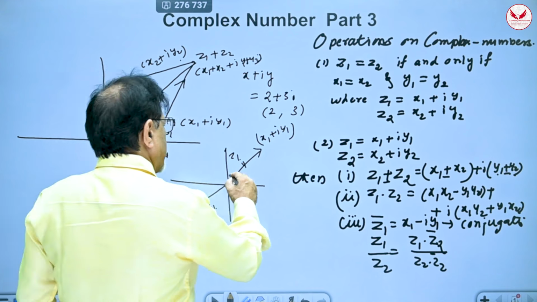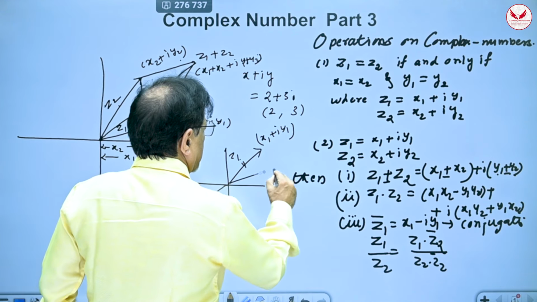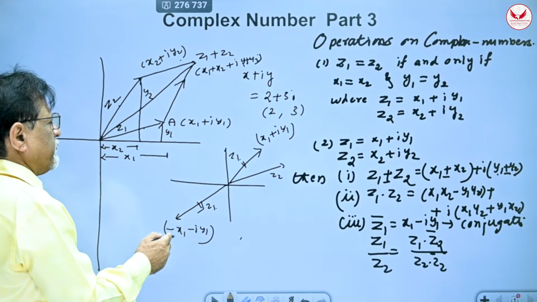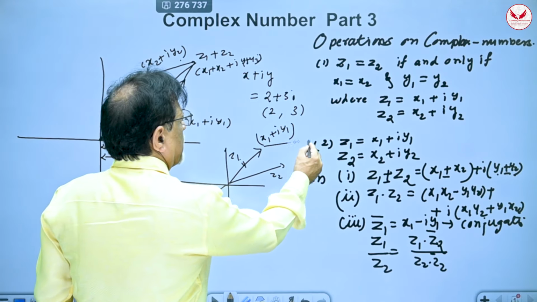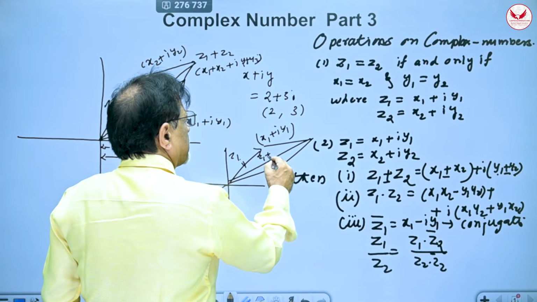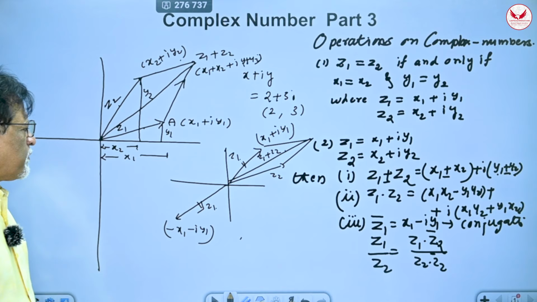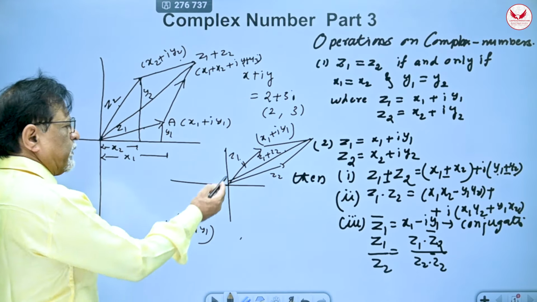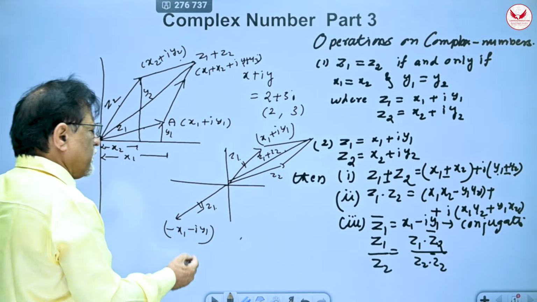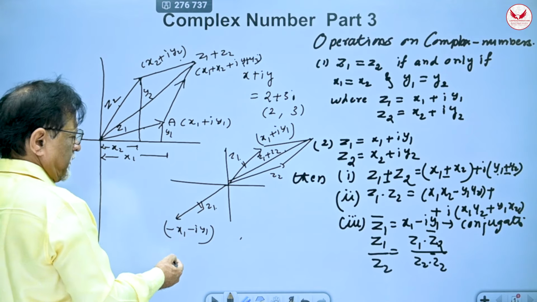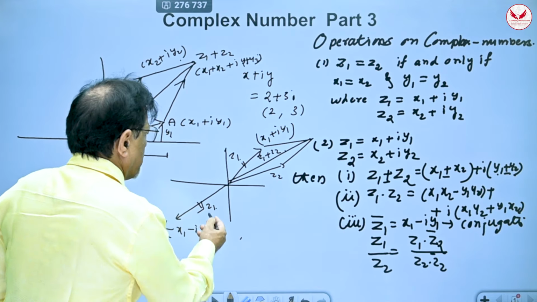So if I want to add z1 with z2, suppose this is z2, and I want to add z1 plus z2, then I will complete this parallelogram, and I will take its resultant. That will give me z1 plus z2. But if I want to subtract, what will I do? I will add only, but instead of adding z1 and z2, I will add z2 and minus z1, correct?